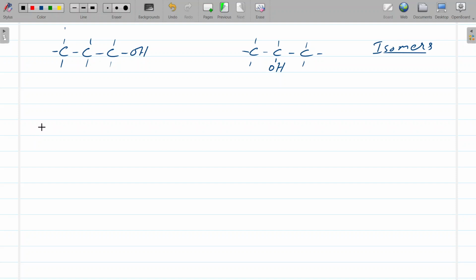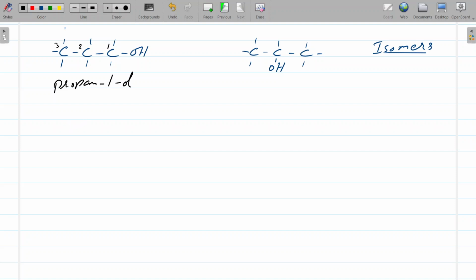Right, so this is 1, and then 2, and then 3. Which number do we include in the name? The carbon to which the functional group is attached. Right, and so the name for this guy will be propan-1-ol.